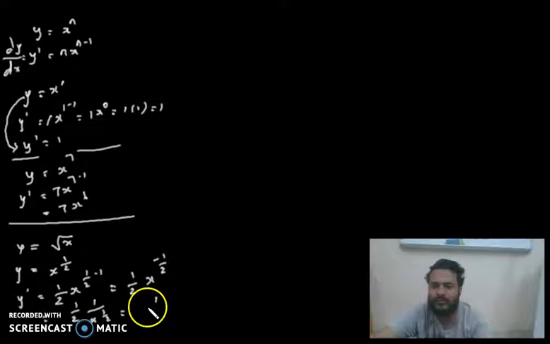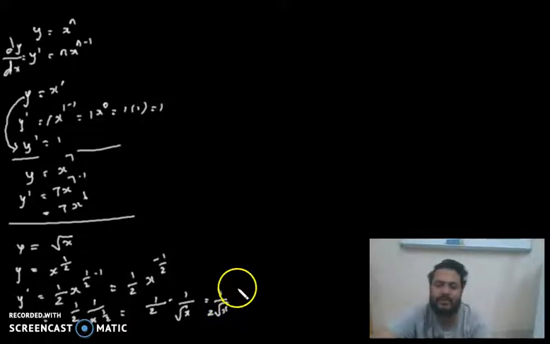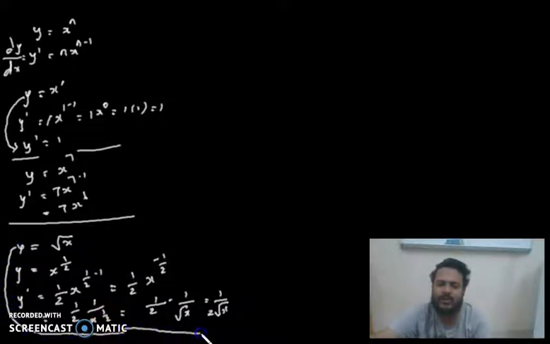So it is 1/2 times 1 by the square root of x, and hence it is simply 1 by 2 times the square root of x. So if y is equal to the square root of x, then y' is equal to 1 by 2 times the square root of x.